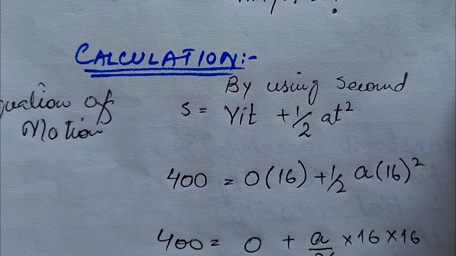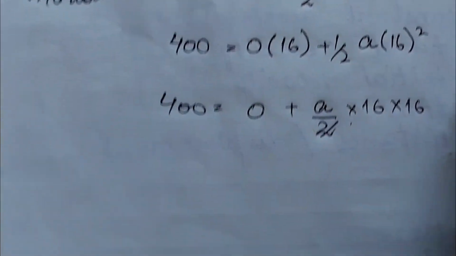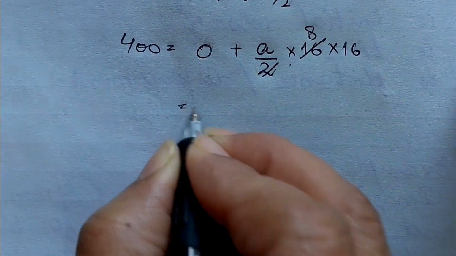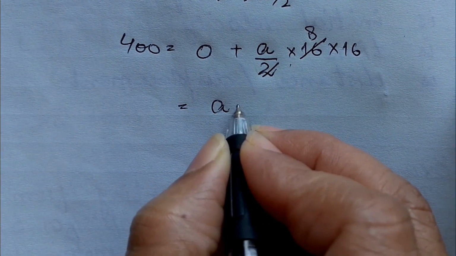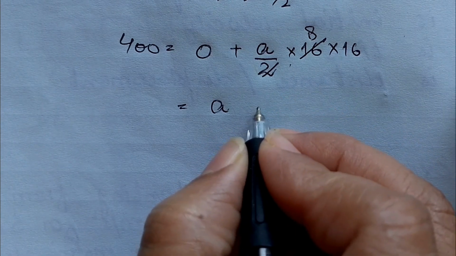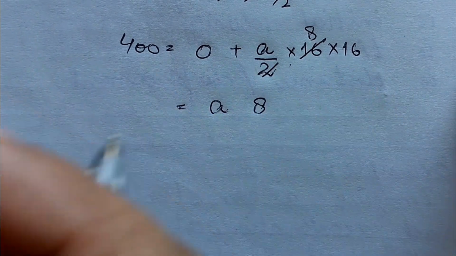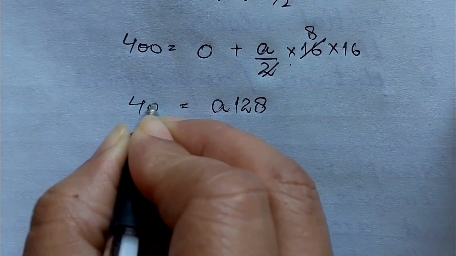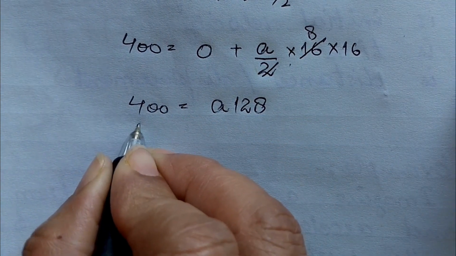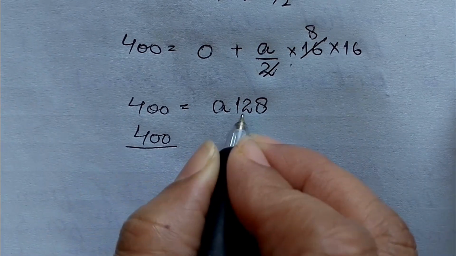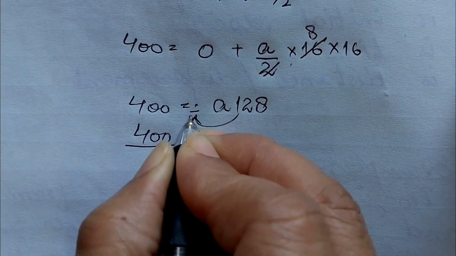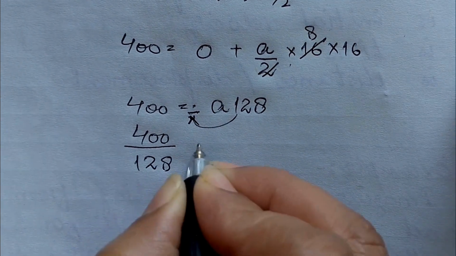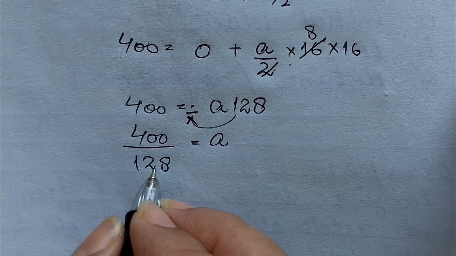Now we will calculate these values. First we cancel out 2 with 16. 2 ones are 2, 2 eights are 16. So a multiplied by 8 multiplied by 16, and 16 multiplied by 8 equals 128, and 400 will be written as it is, and 128 is multiplied with a. When we switch 128 to the other side, it will be divided with the previous number.